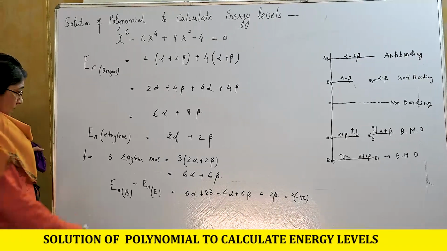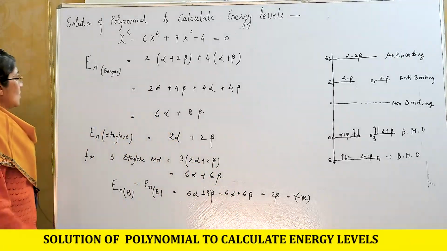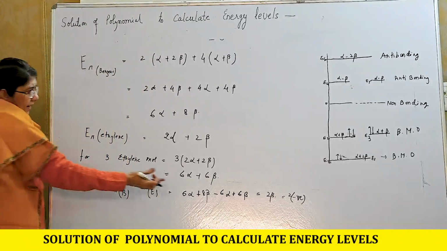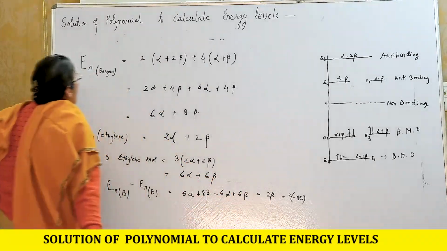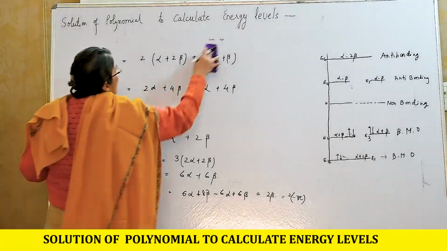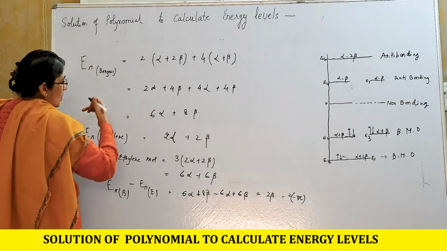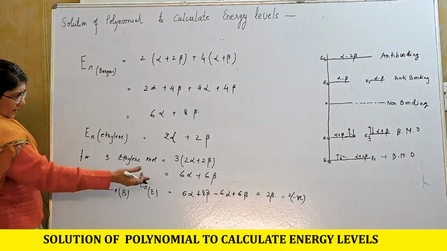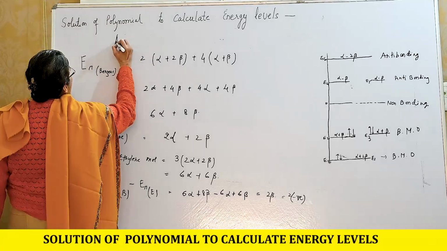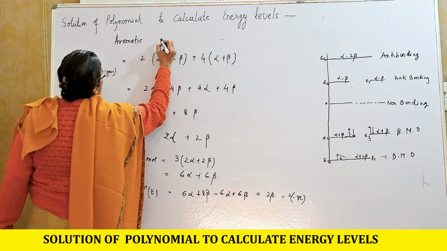This is known as aromatic stabilization. We are getting this 2 beta extra, and it is for aromatic stabilization.